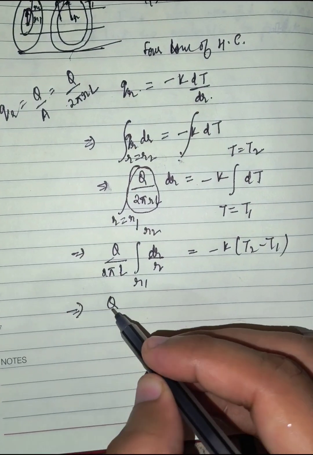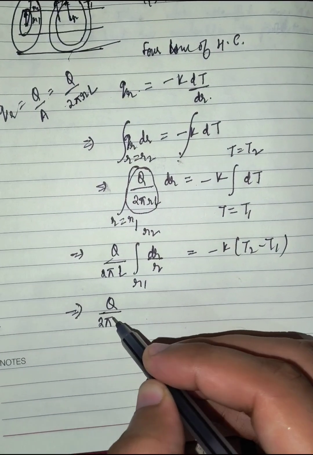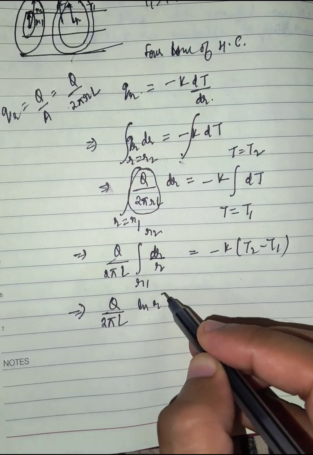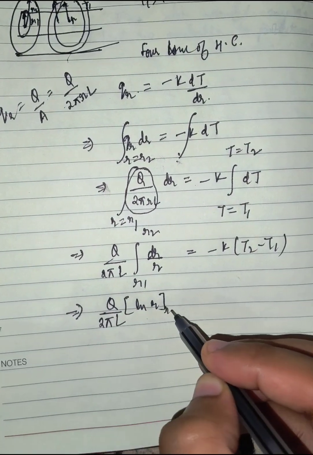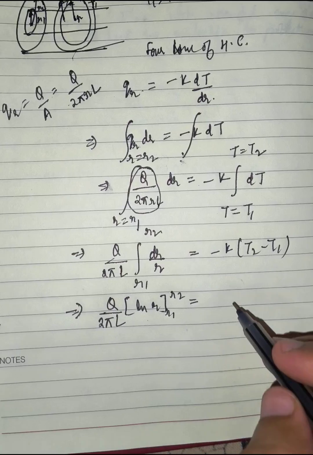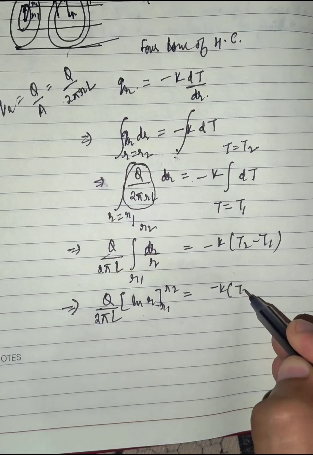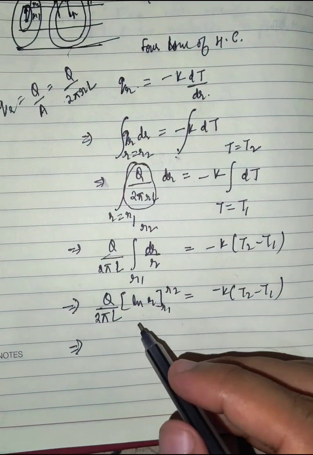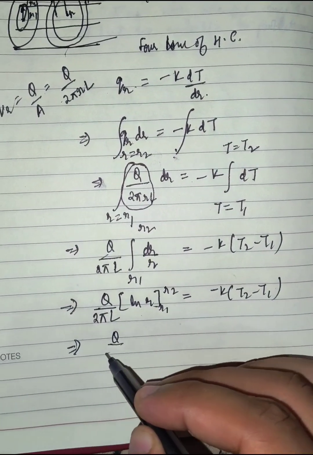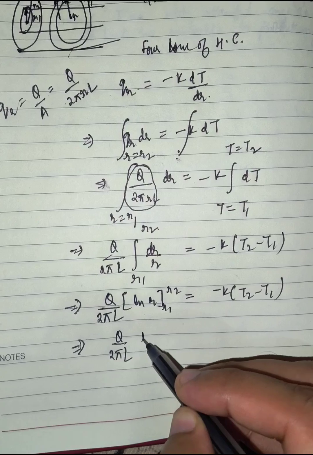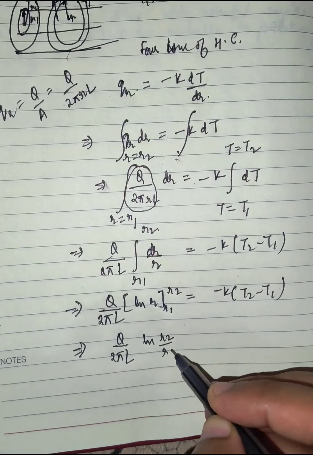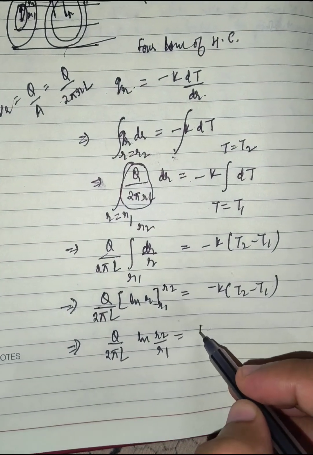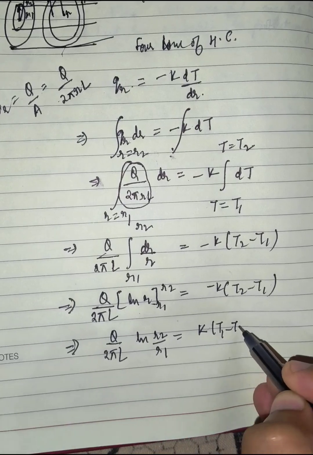Now we get Q by 2 pi L, ln r with limits from r1 to r2, equal to minus k (T2 minus T1). We have this Q by 2 pi L, ln r2 divided by r1, equal to k (T1 minus T2).